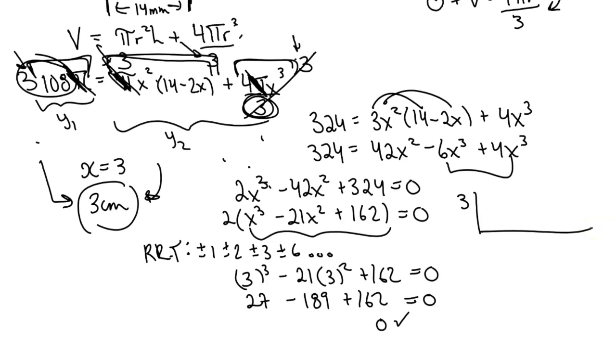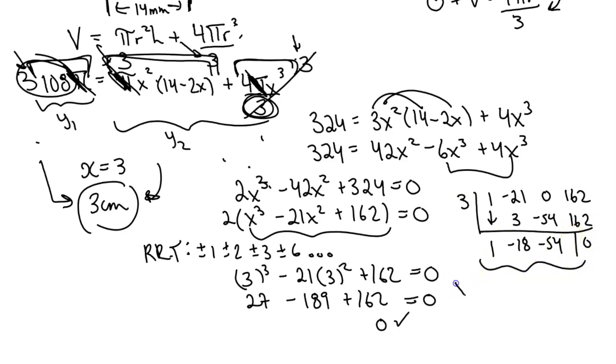So we had 1x cubed minus 21x squared plus 0x plus 162. That gives us a remainder of 0, and then we're left with factors of x squared minus 18x minus 54.